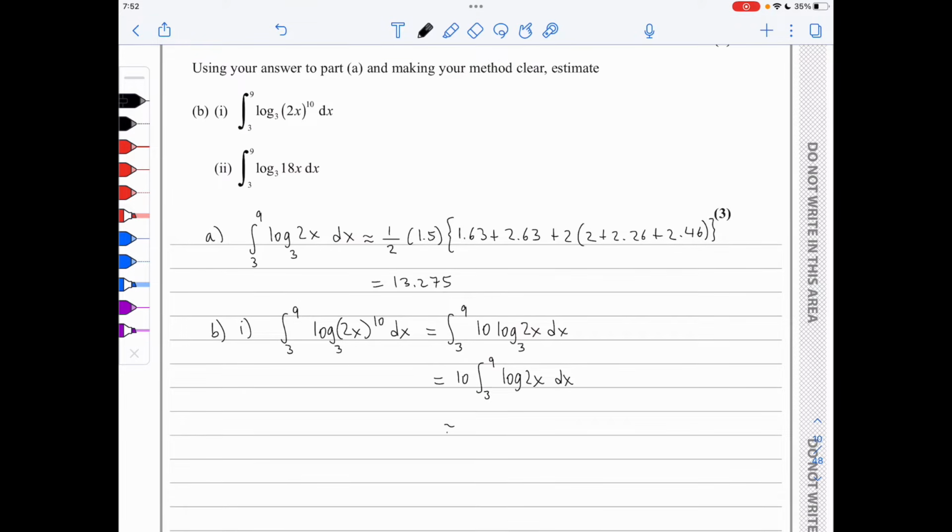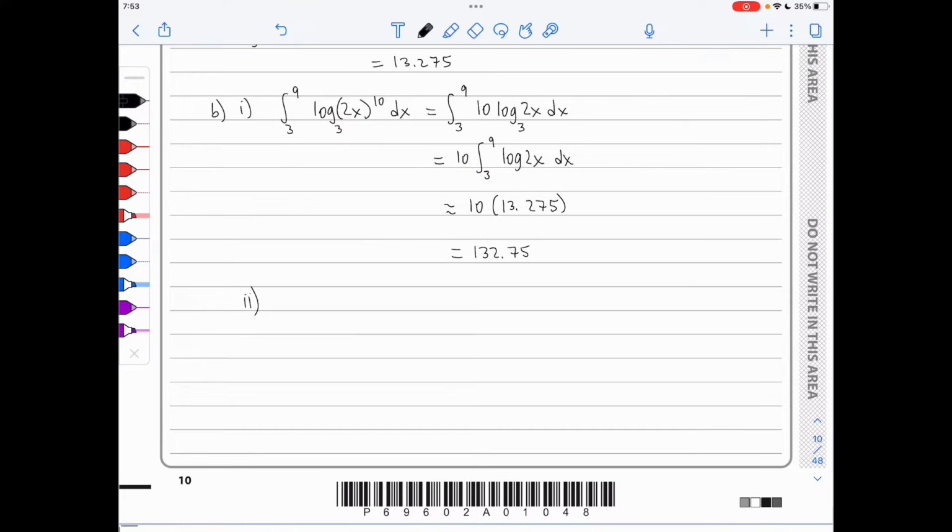So this will be approximately 10 times 13.275, which gives an answer of 132.75.